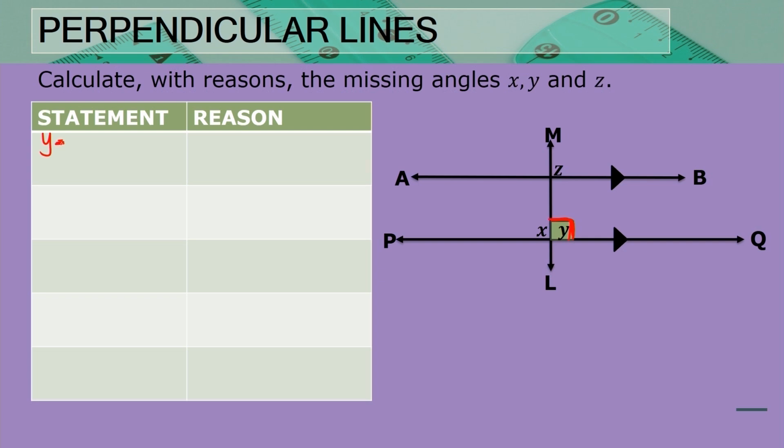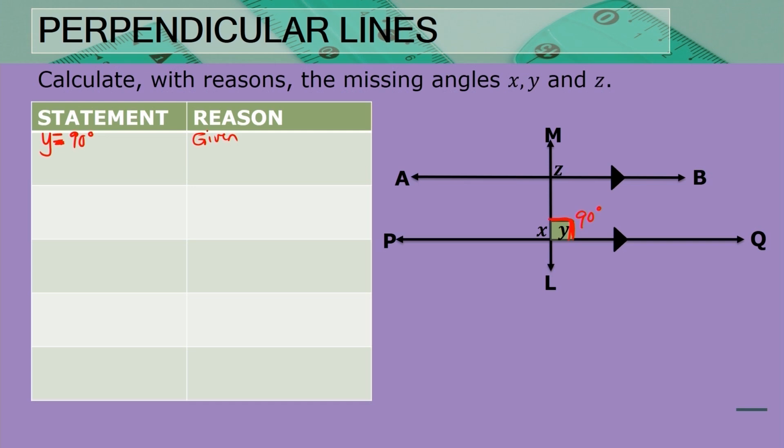We are going to say that angle Y is equal to 90 degrees, and our reason there could be that it was given. Because that 90 degrees was given to us, we automatically know that angle Y is 90 degrees.